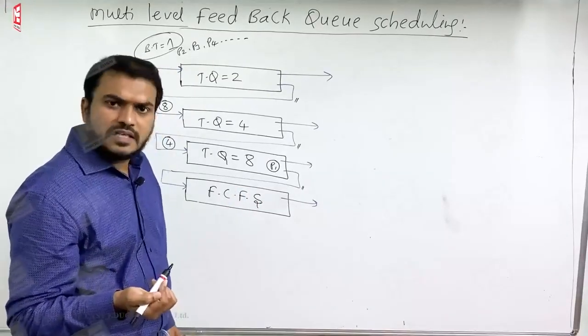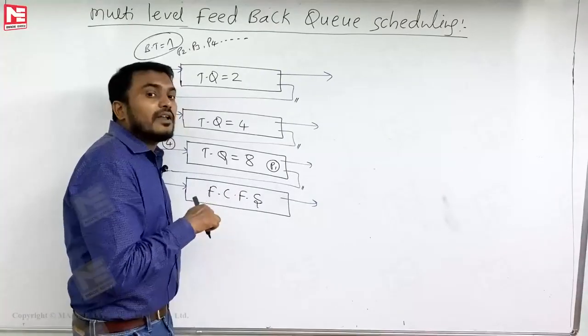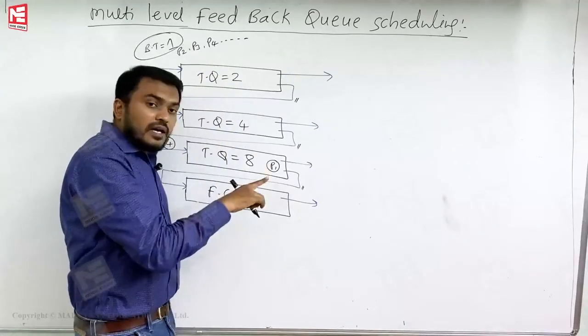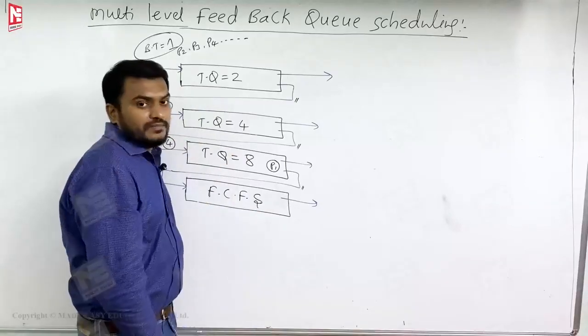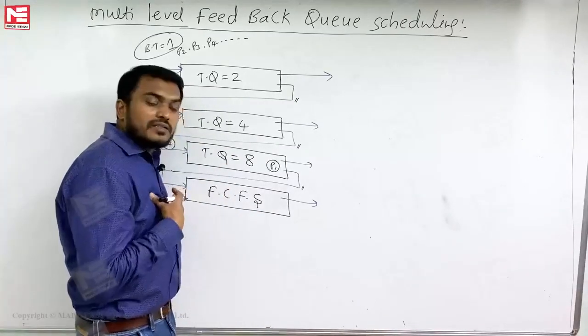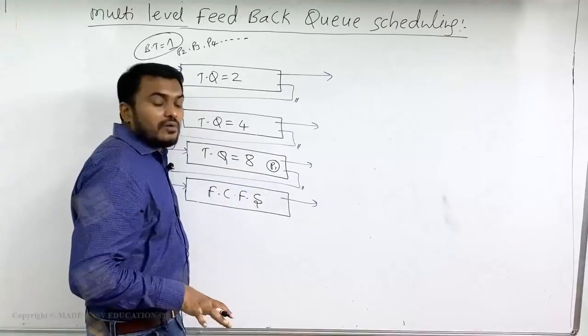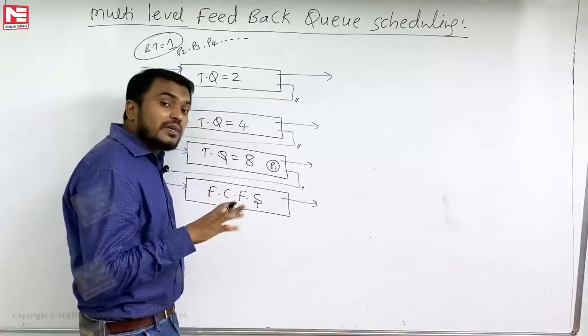Some textbooks say that to avoid the problem of starvation, they apply aging. Remember, in the multi-level feedback queue, if you apply the aging concept, which we have studied, then starvation will be avoided.